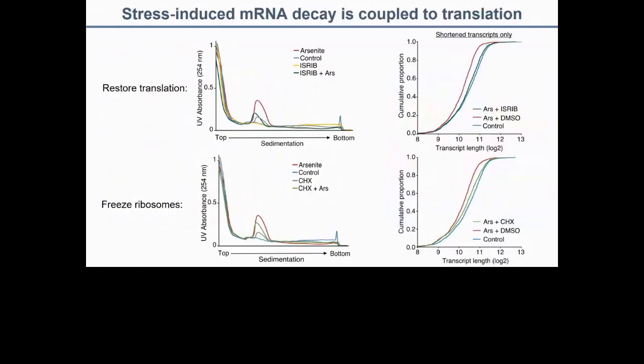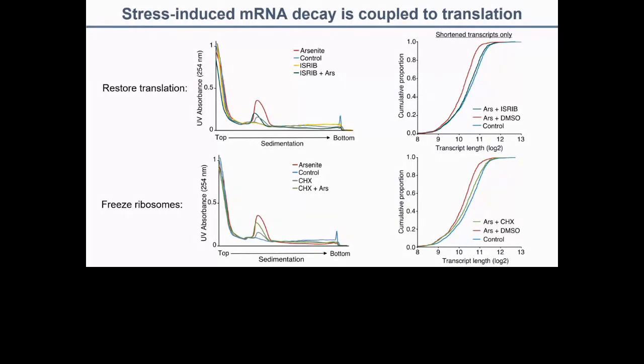So what we did is we tried to use chemicals. In this case, we used ISRIB, which is an inhibitor of the integrated stress response, to restore translation initiation. And we also used cycloheximide to freeze ribosomes on the mRNAs upon stress. And what we see is that in both cases, we can pretty much rescue the length of these shortened RNAs, right?